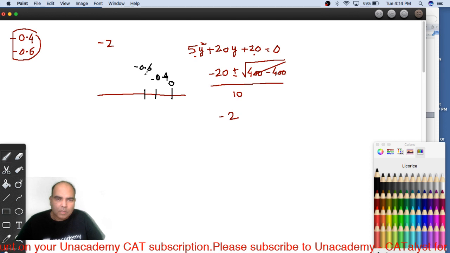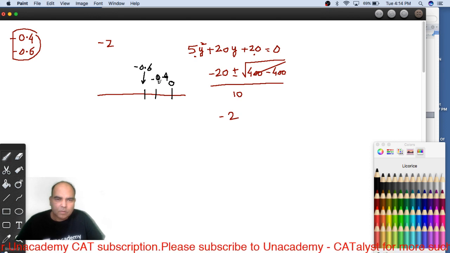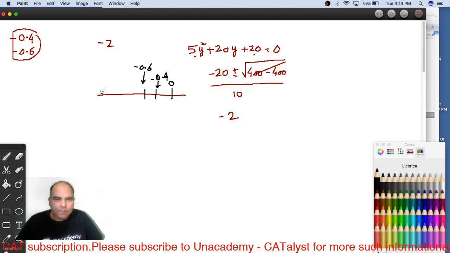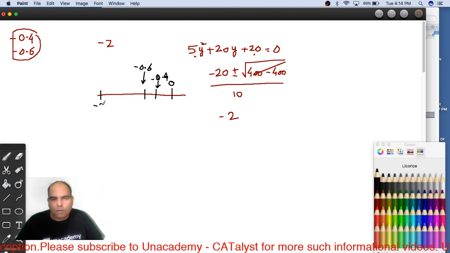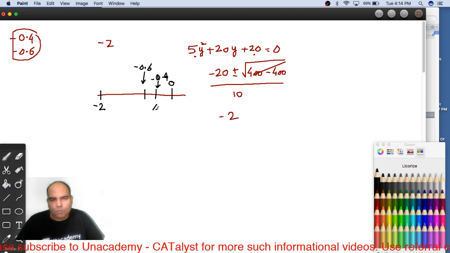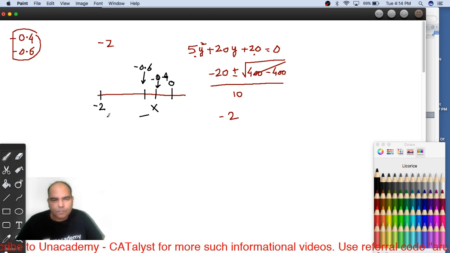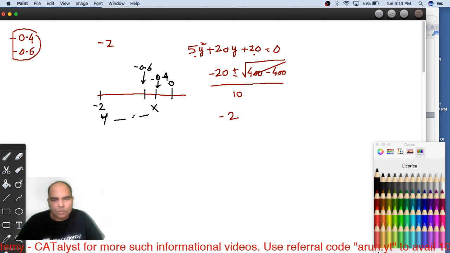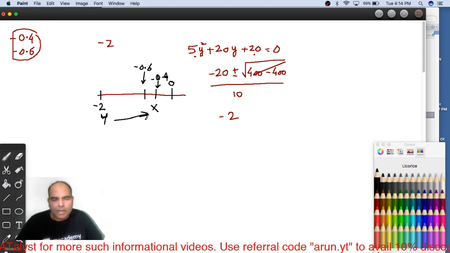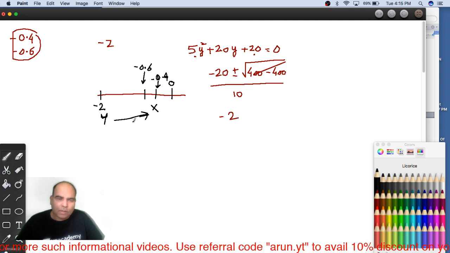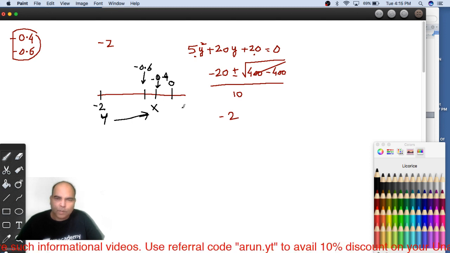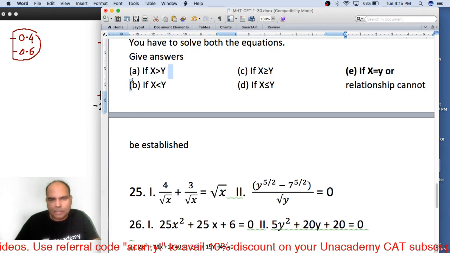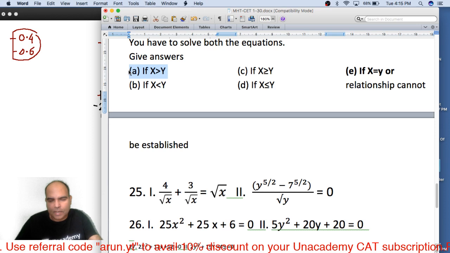And the value of y is minus 2. So whatever value of x you take, x is always to the right of y. As you can clearly see here, x is always towards the right of y, and hence the value of x is larger than y. And with that, you can conclude that since x is larger than y, option A is the right answer in this question.